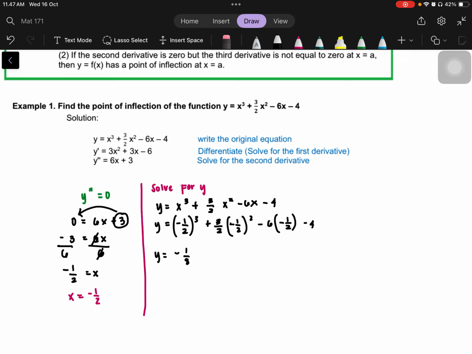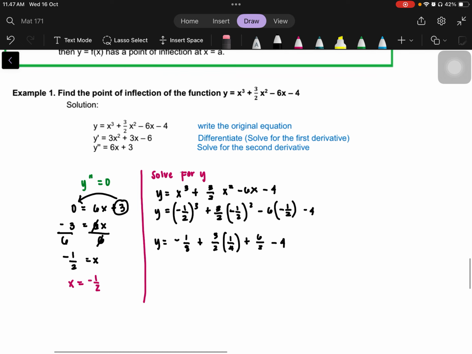We have y is equal to negative 1/2 raised to 3 is negative 1/8. Then, plus 3 halves muna natin. Then, negative 1/2 raised to 2 is positive 1/4. Then, we have negative times negative, magiging positive na siya. 6 over 2 minus 4.